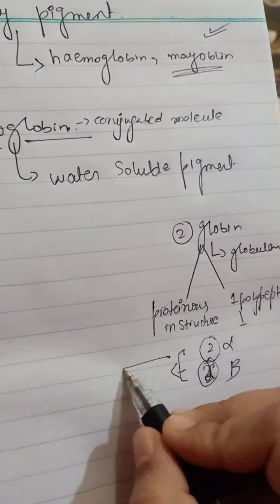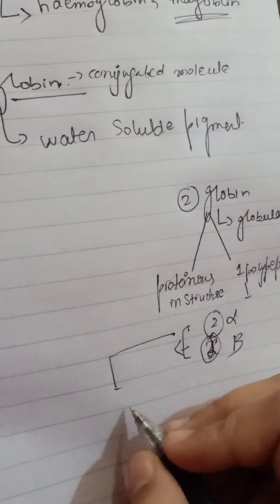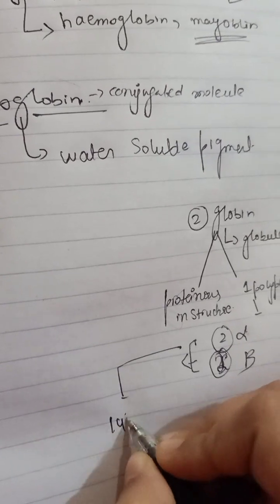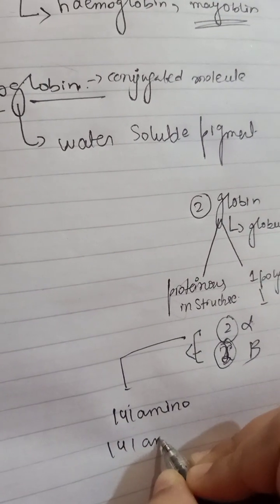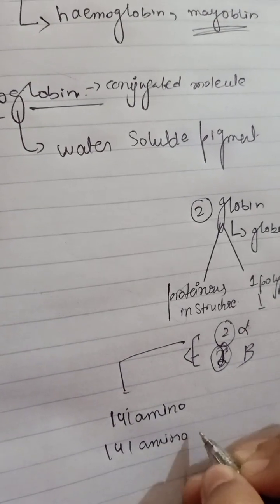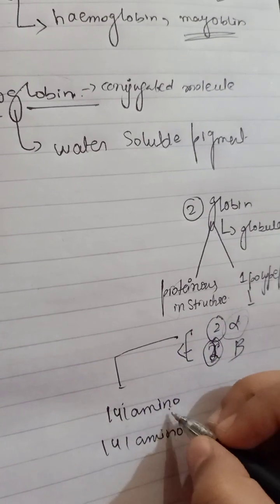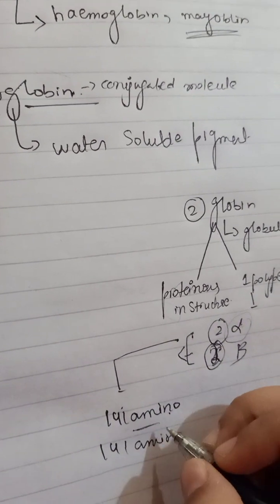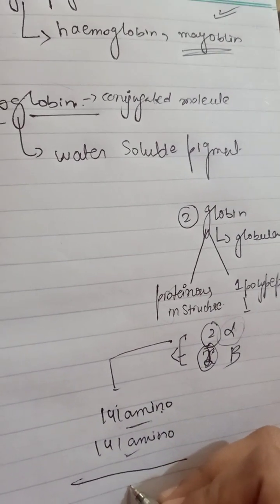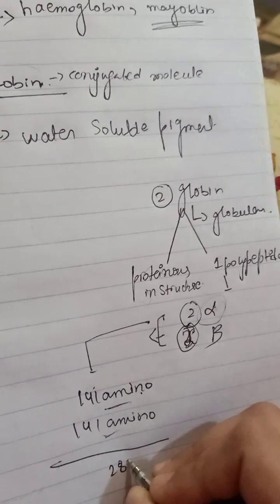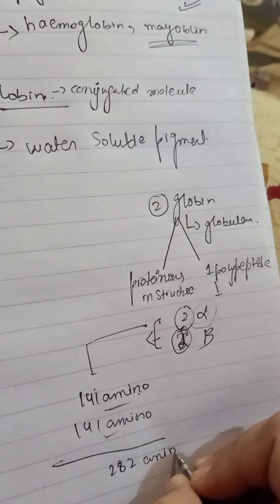If we talk about the alpha chain, one alpha chain consists of 141 amino acids. In one alpha chain we have 141, and in the second we also have 141 amino acids. So in pair form there will be 282 amino acids in the alpha pair.